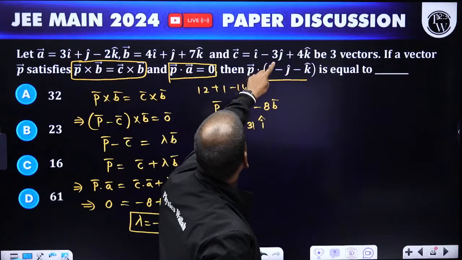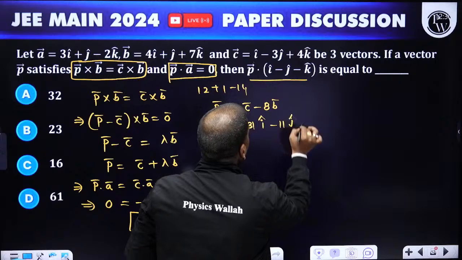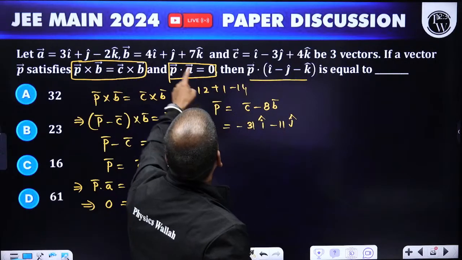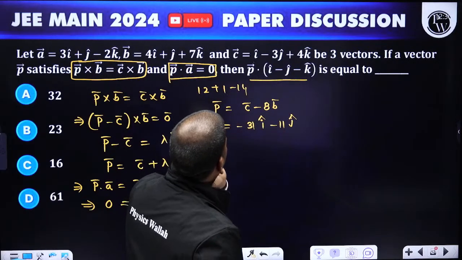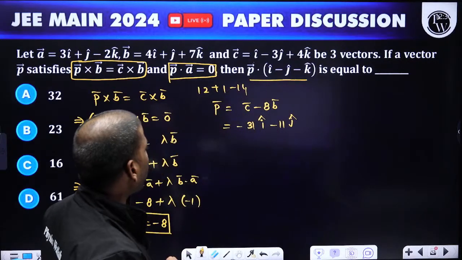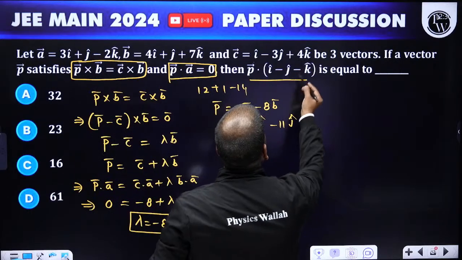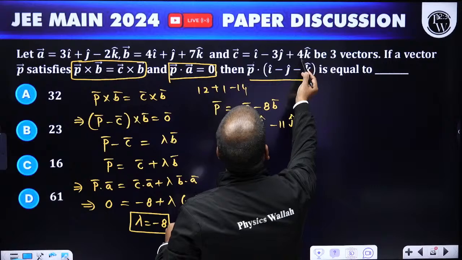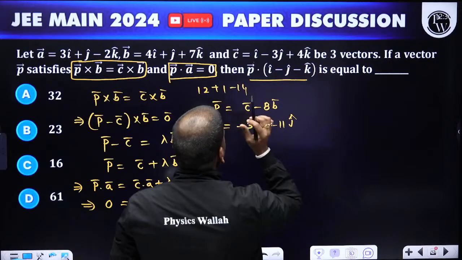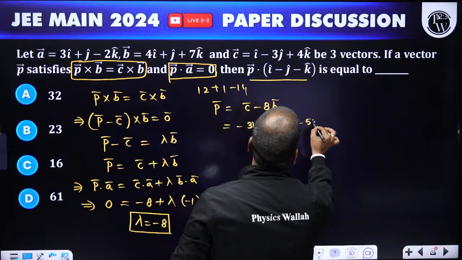Next, minus 3, here minus 8, minus 11 J cap. Then 4, 7 8s are 56. So 52. Right? Yes, 52. So once again, C bar 4, 8, 7 8s are 56. So 4 minus 56 is minus 52 K cap.